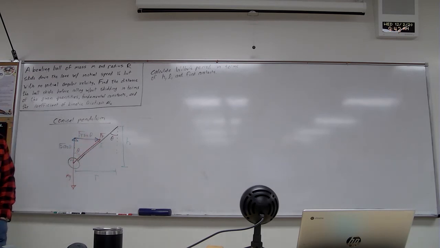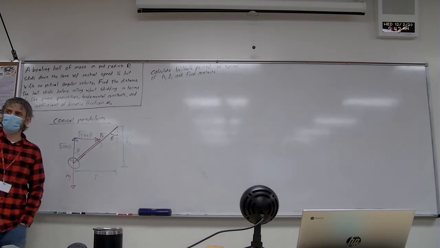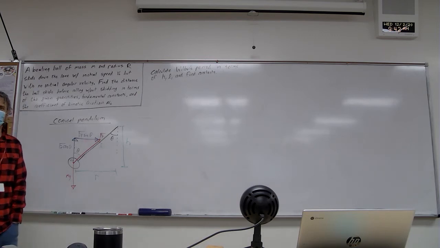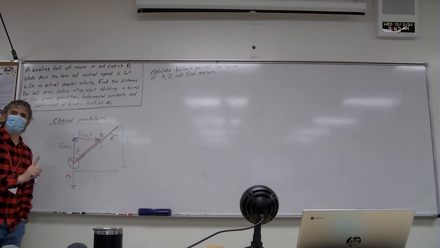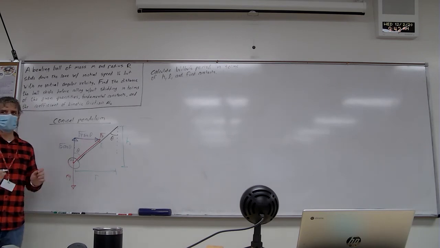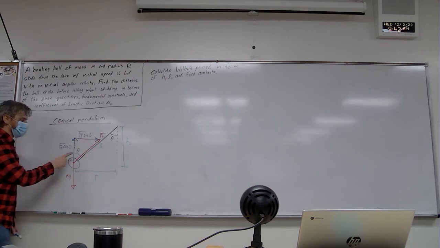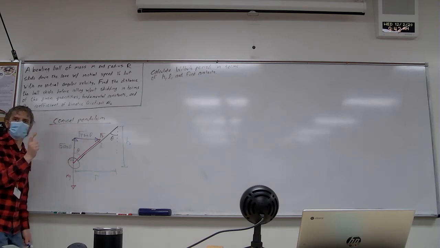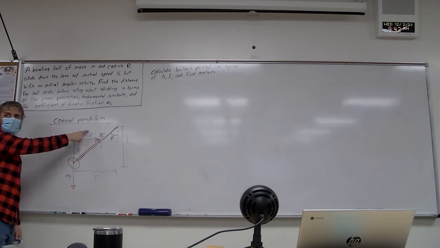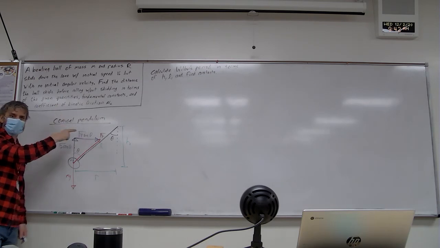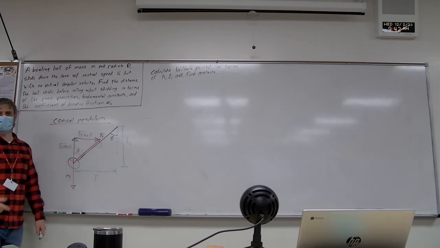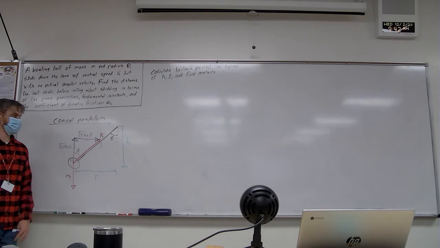A lot of students tend to get stuck whenever they do horizontal motion. They tend to stick to cosine as horizontal and sine as vertical. No, it has to do with the orientation of the triangle in relation to the angle. The angle's here, the opposite is sine. So it's going to be the hypotenuse, the tension force, times the sine. The adjacent one is the cosine component, regardless of how the triangle is oriented. Okay?